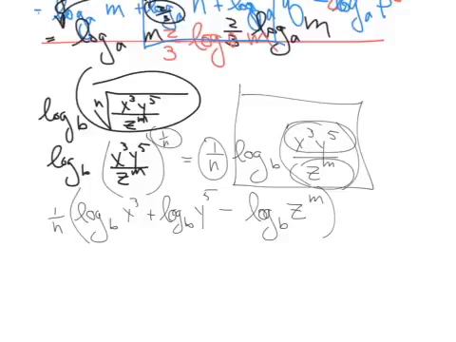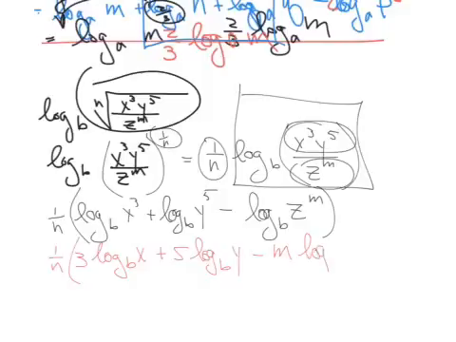All right, so what do I do with that? I'm going to take each exponent and put it in front. Again, it kind of goes on and on. Whoops, these are not doing what I said I was going to do. I'm going to put the 3 there: 3 log base b of x plus 5 log base b of y minus m log base b of z. So I'm getting more and more of this spread out, I guess you could say.